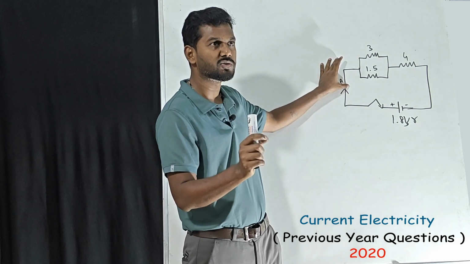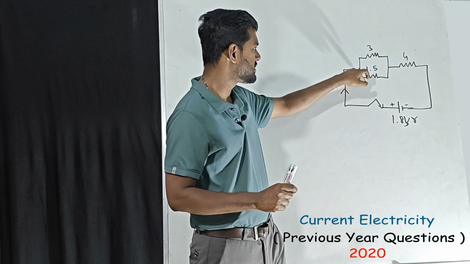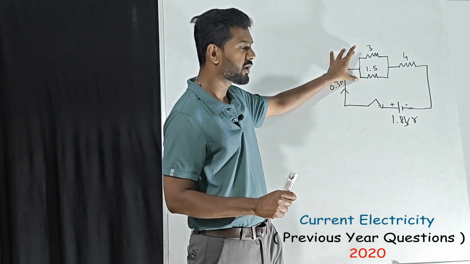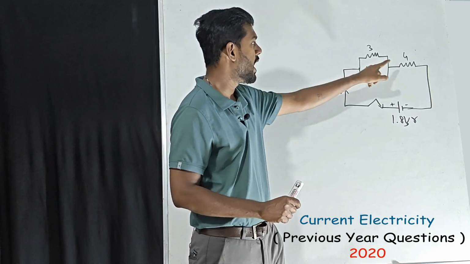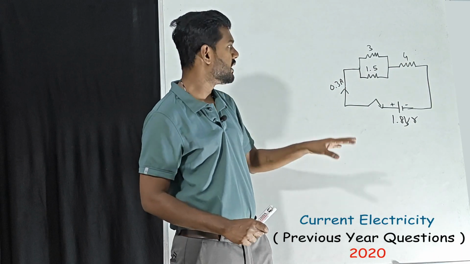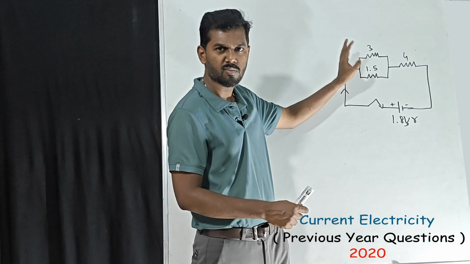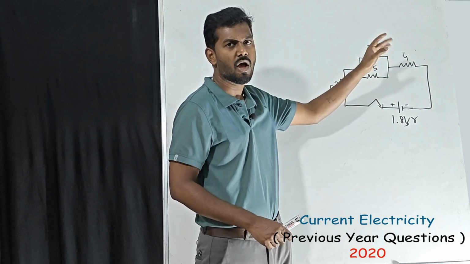Now, in this question it is about current, that too through the 3 ohm resistor. The 3 ohm resistor is parallel with this one, right? We have to consider these two resistors to calculate the current value, and we should not include this one. If they are asking effective resistance, then we have to go for the normal method, finding these two in parallel, after that this becomes series, all those things.